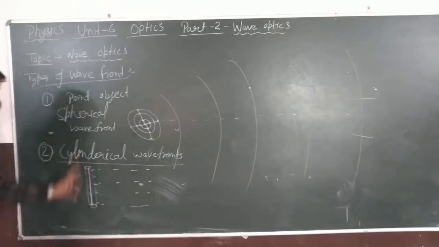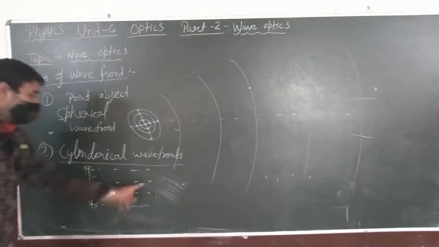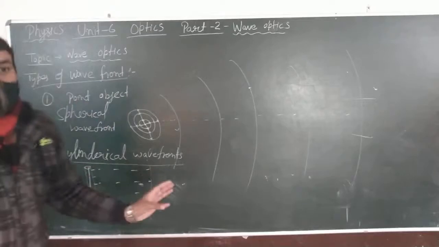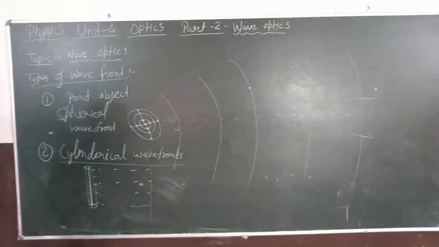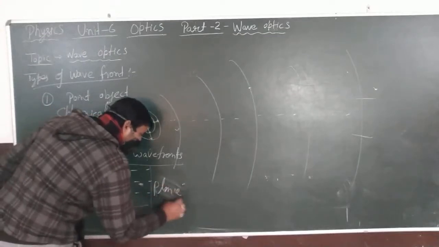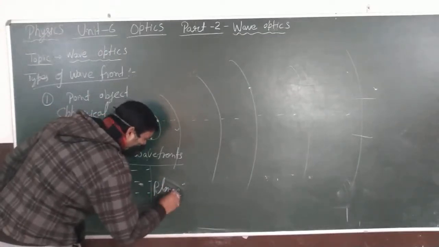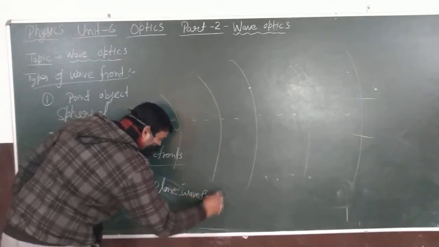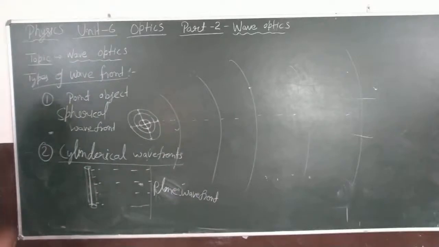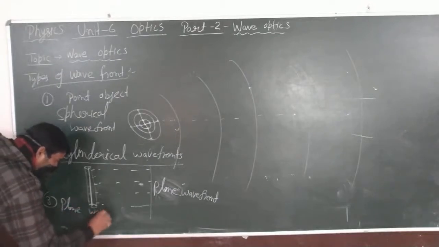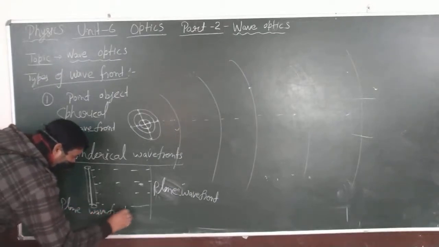When the linear source is very far, then the light traveling from it also behaves like a plane surface or plane wavefront. Okay, next is plane wavefronts.